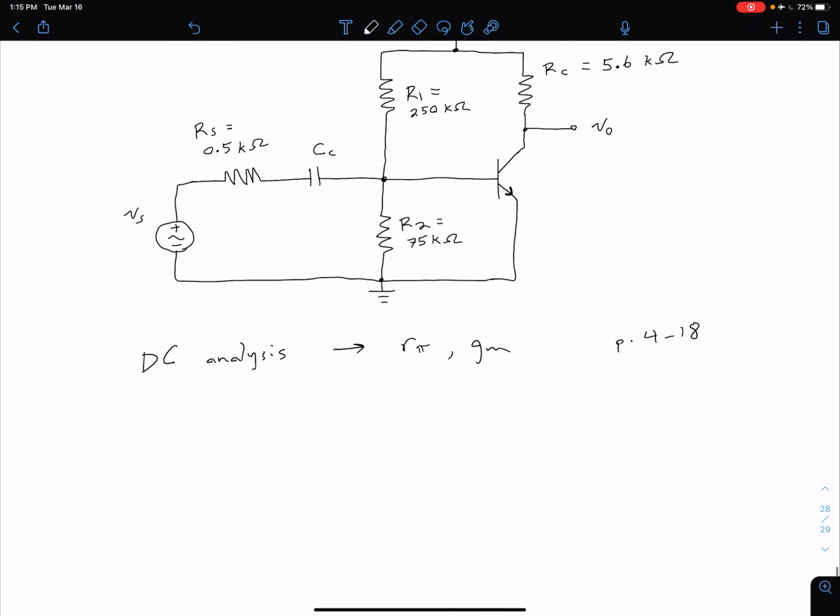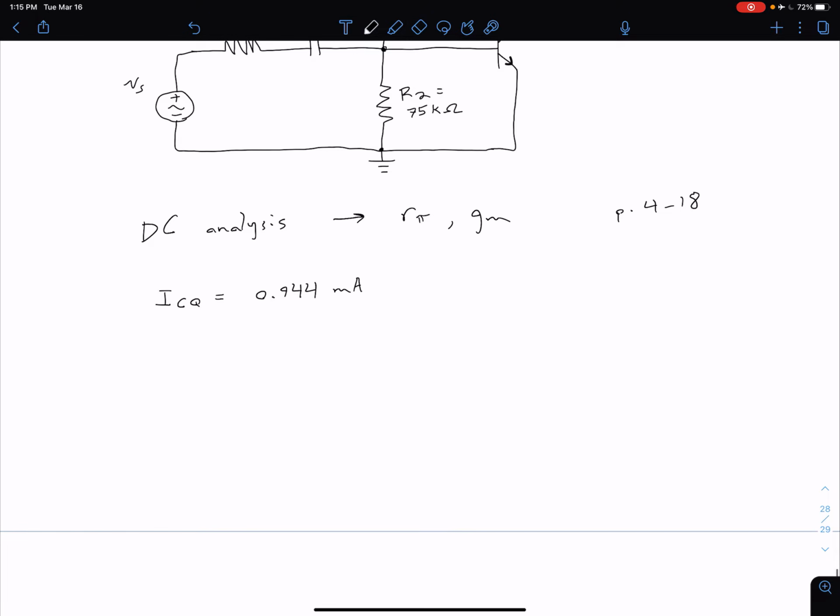What we get from that DC analysis ultimately is a value for our ICQ. We get that our ICQ is 0.944 milliamps. With that ICQ value, we can now find our R pi and our gm. Our R pi, remember, is VT times beta over ICQ.